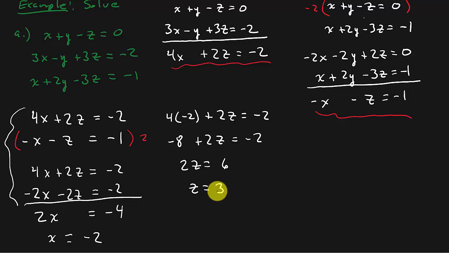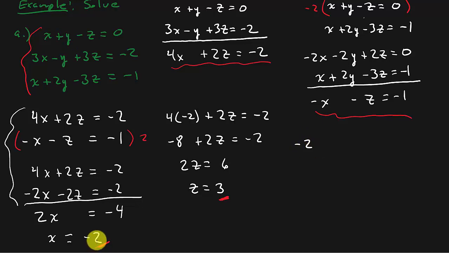Now I've got x and z. I need to know what y is. So all I do now is take my value for x, my value for z, and plug it into any one of those, and I can solve for y. So let's plug it into the first one.